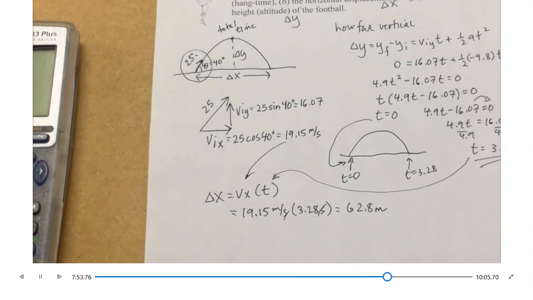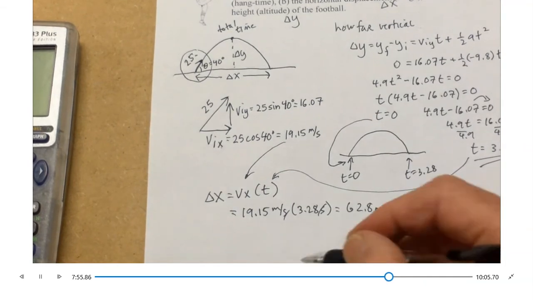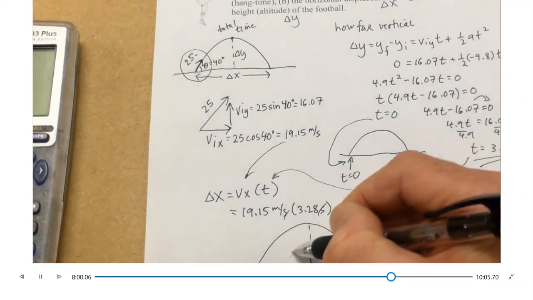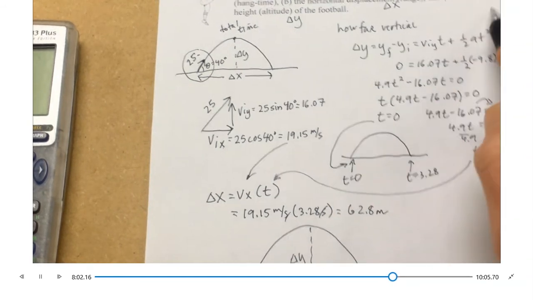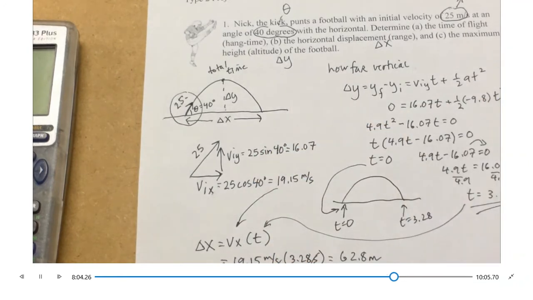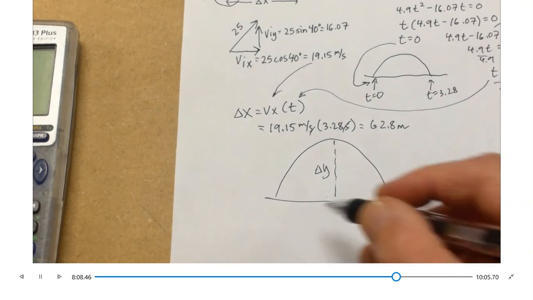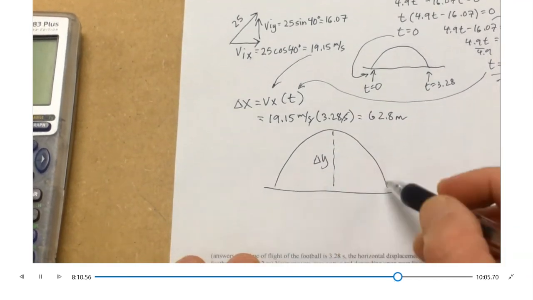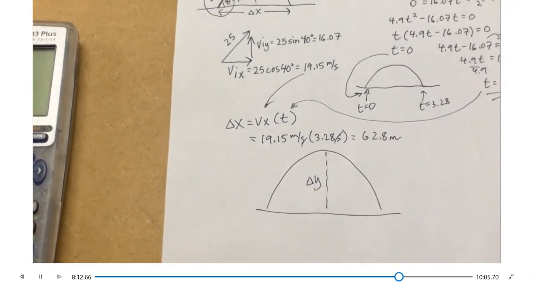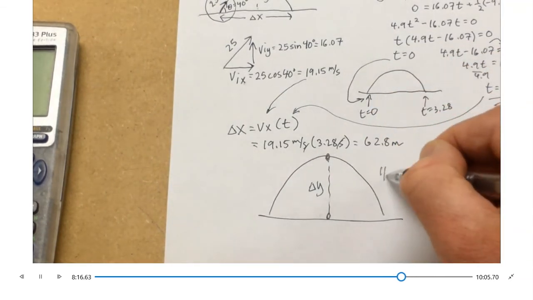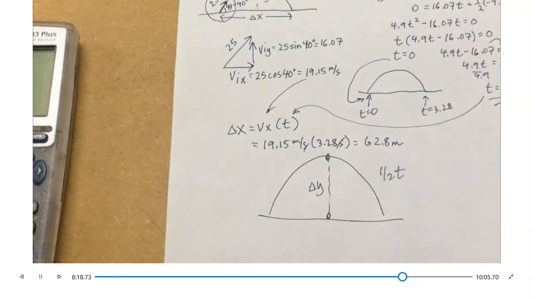All right. Well, the other thing we'd like to find is how high, what's the maximum altitude? That'd be a delta y idea, right? What's the maximum altitude of the football? Now, for a symmetric parabola, we know the total time is 3.28 here. So for a symmetric parabola, this maximum altitude will occur at 1/2 the time, right? Do you understand that?